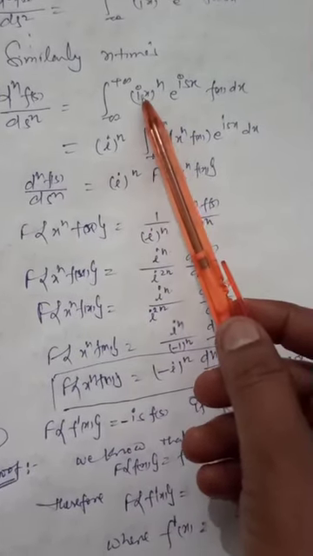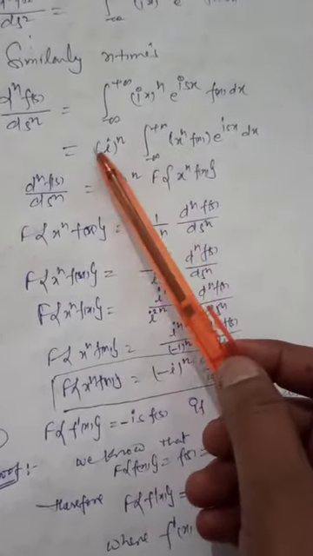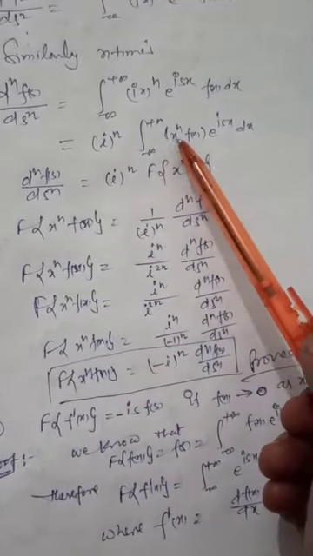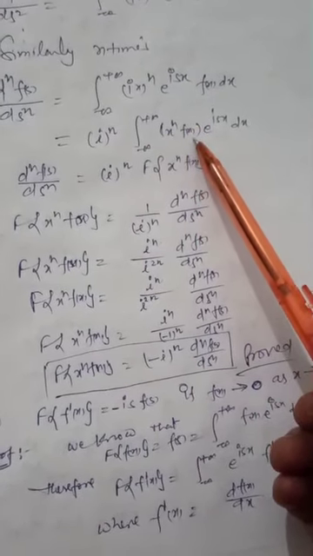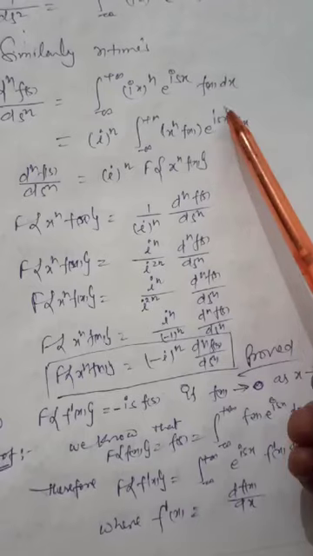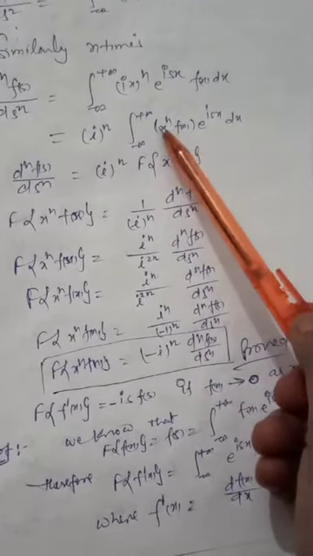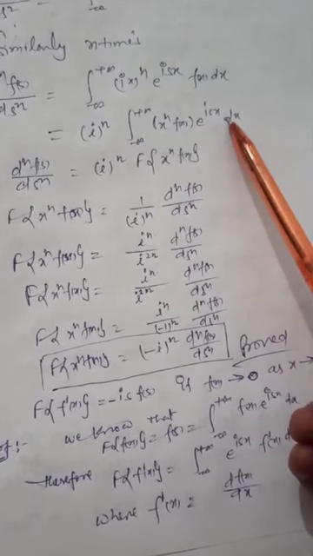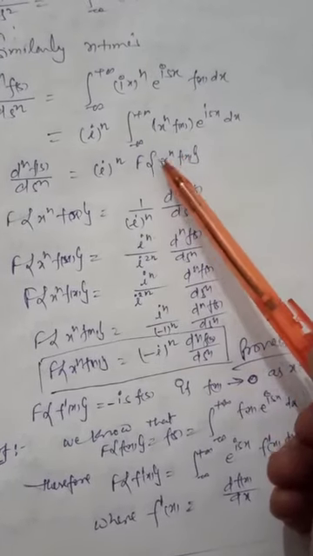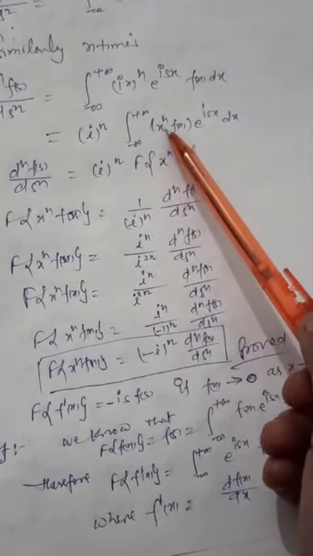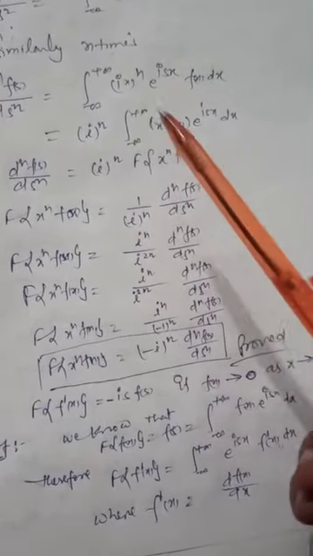Then i raised to power n comes out, and we get the integral from minus infinity to plus infinity of x raised to power n f(x) exponential i s x dx. This is again a Fourier transform representation. So this is the Fourier transform of x raised to power n f(x).